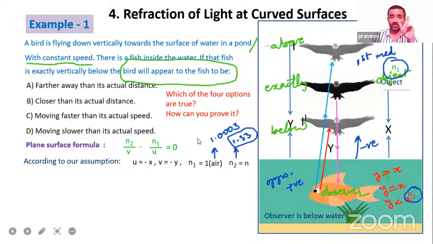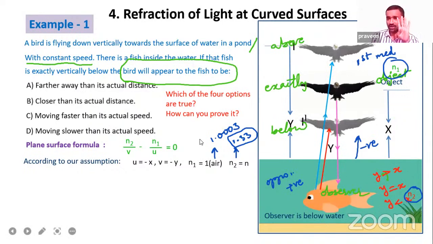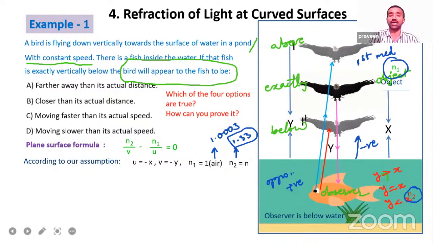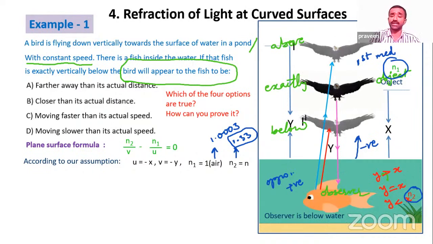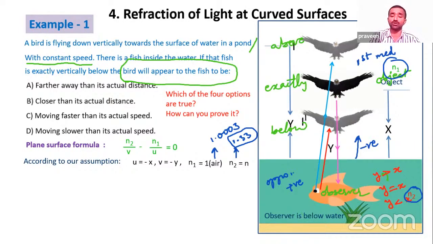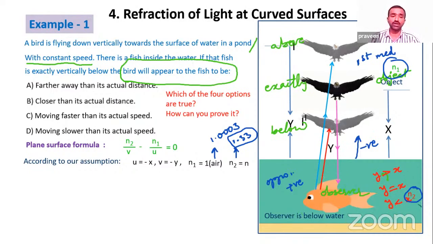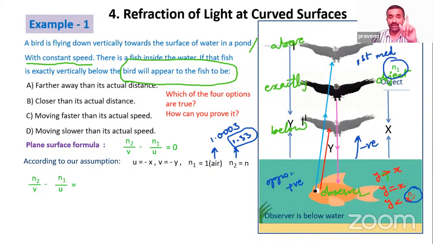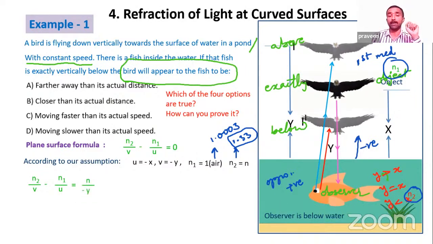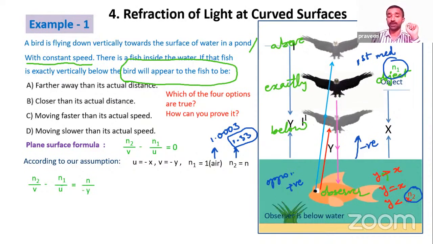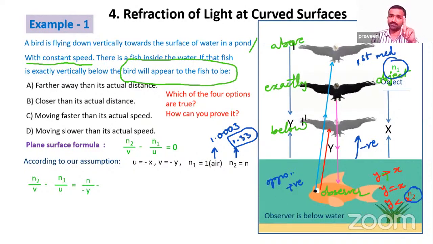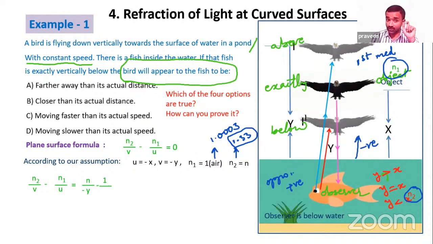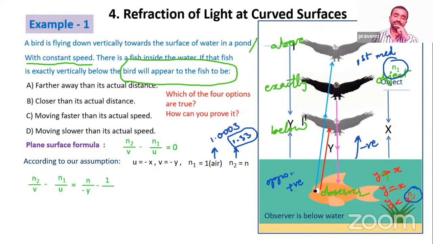Then I have the values: n2, n1, v, u. All are available. Then substitute these values in the given relation n2 by v minus n1 by u equal to n2 minus n1 by R. Let us take that formula as it is. Then substitute the values. N2 is n, v is minus y according to the sign convention, n1 is 1, and u is minus x.